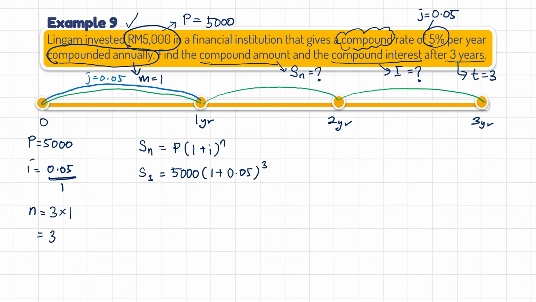Just press your calculator and you will get your compound amount at the 3rd year will be equals to 5,788 ringgit and 13 cents. This will be the answer for the first question, which is Sn.